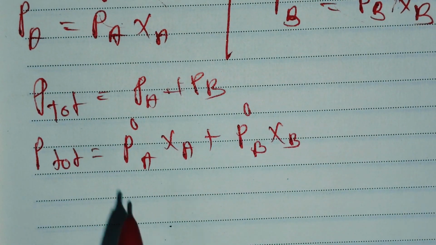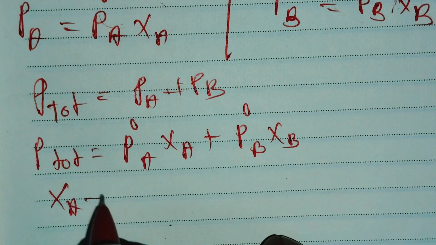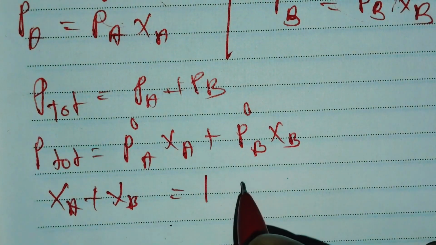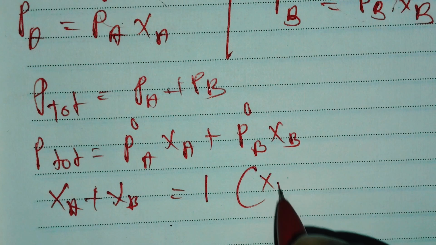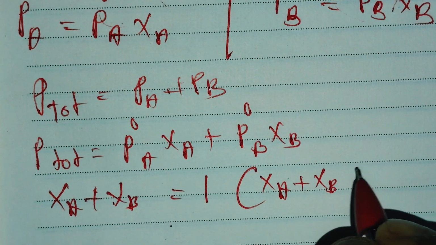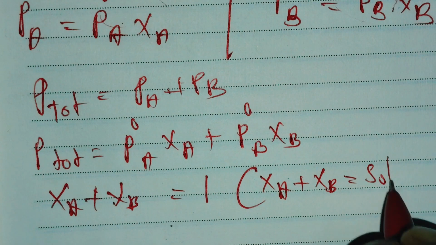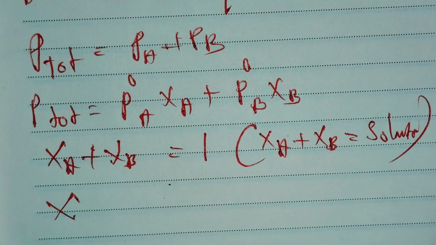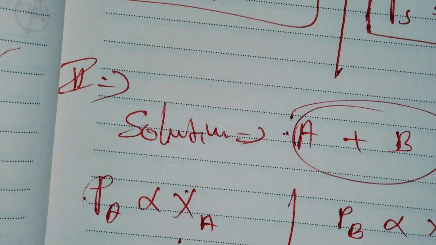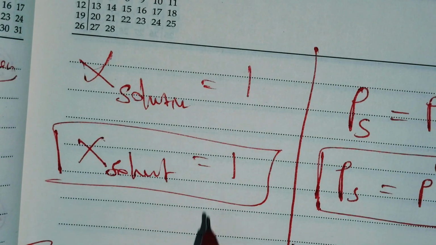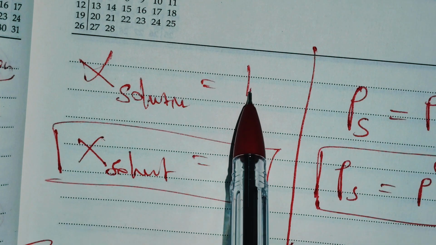Okay, so now X of A plus X of B is equal to 1, because it is a solution. We already wrote here that the mole fraction of the solution is equal to 1.